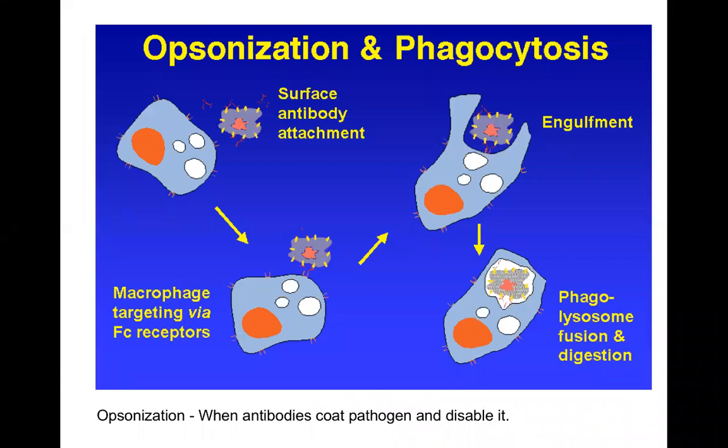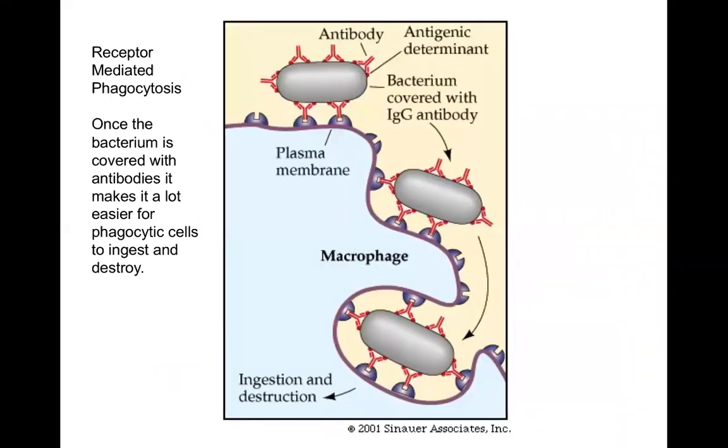Opsonization is like coating the surface. It says surface antibody attachment. All these little red antibodies coat it on the outside, and it basically tags it and disables it so that macrophages can come along and engulf it. It makes it easily engulfable, and then the macrophage uses its lysosome and digests it till it's dead.